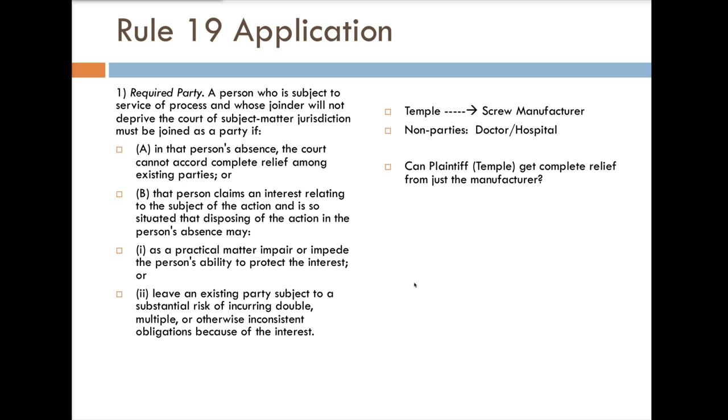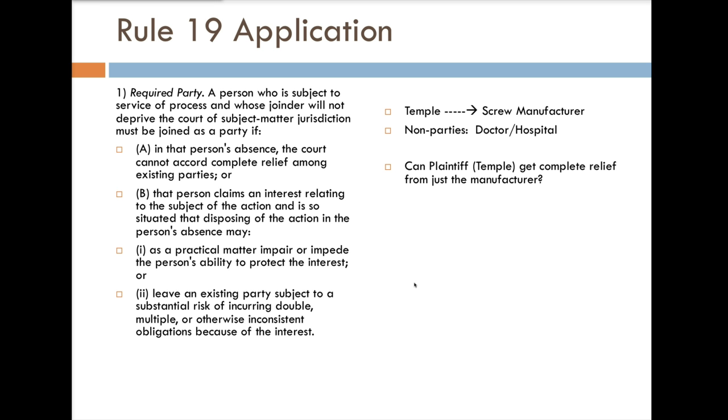Now remember, the plaintiff is seeking money damages, and if we're talking about torts and joint and several liability, which we are in Civ Pro, any one defendant can provide complete relief because each joint tortfeasor is 100% liable to the plaintiff.